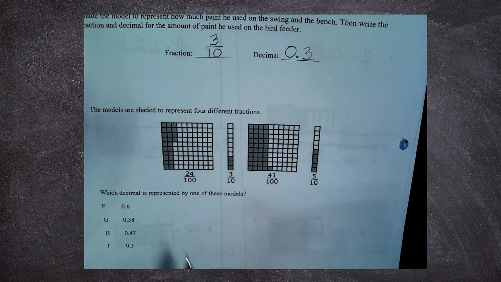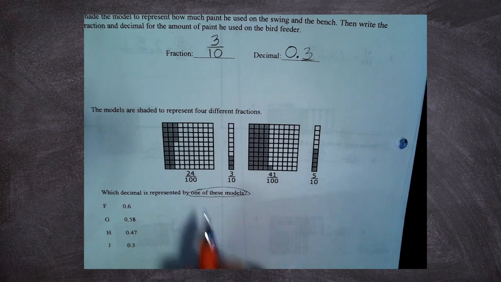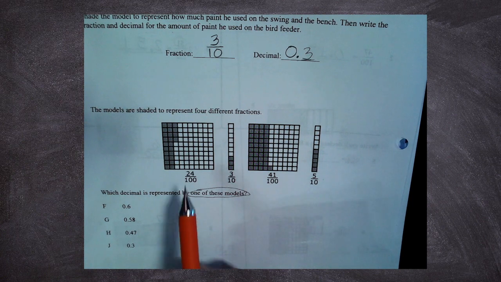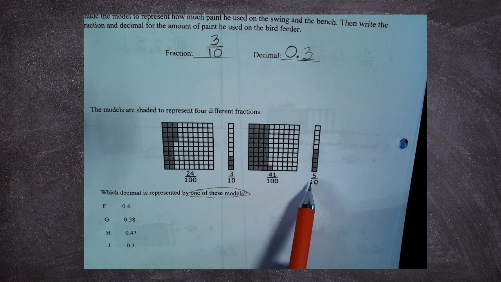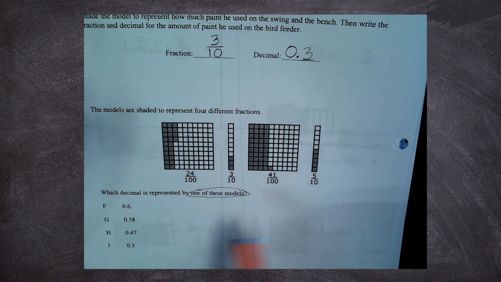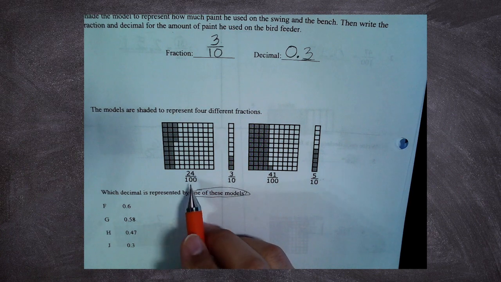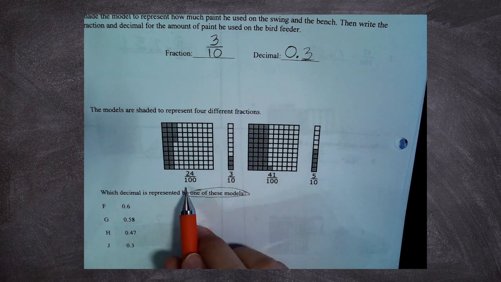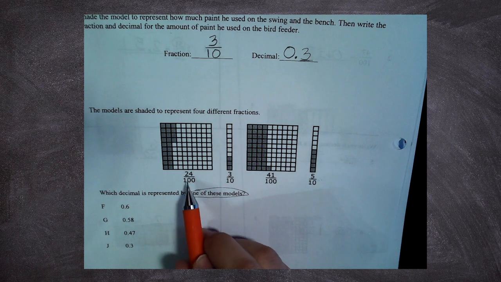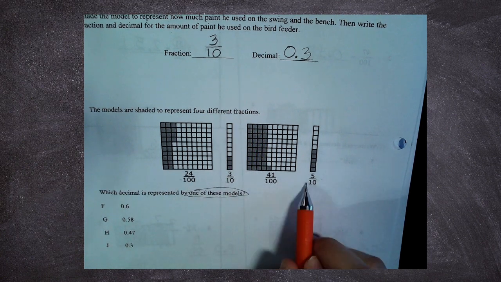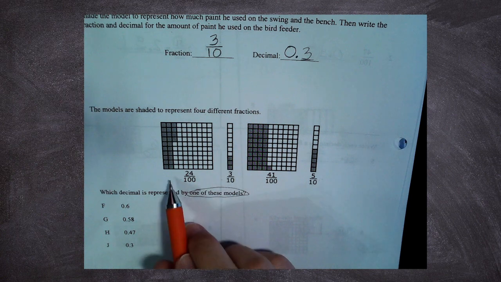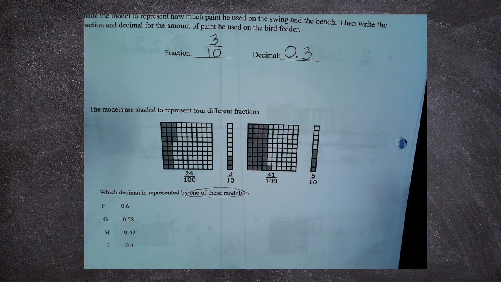Here's where the tricky part comes in. The decimal we're looking for could be any one of these. So I need to change them all to decimals to see if any of them match one of my answer choices. If I take a look at all of my fractions here, none of them have any numbers in front of the fraction, which means all of my decimals should start with 0.